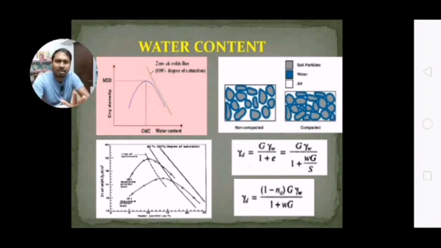Water content has an immense effect on the compaction of the soil. Dry soil shows resistance towards the compaction of the soil. Now, when we increase the amount of water, the soil gets lubricated and the workability of soil increases, and thereby it packs closely. From the top left hand side figure we can see that with the increase of water content, dry density increases.